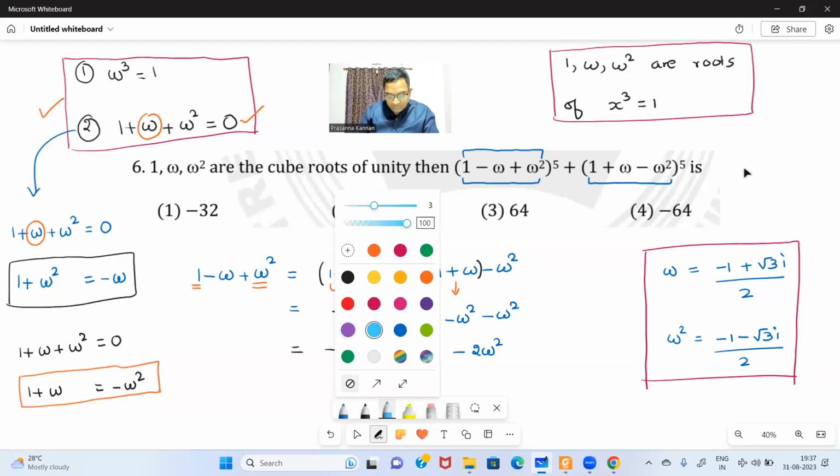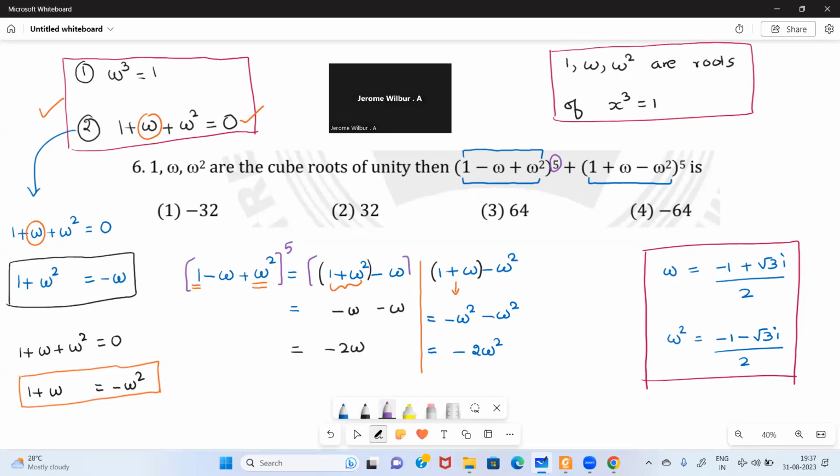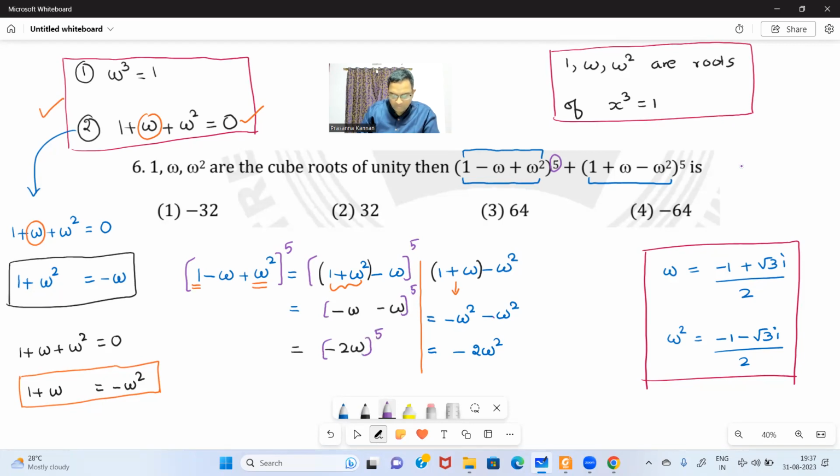It is not actually 1 minus omega plus omega square, but rather the whole thing raised to power 5. Correct, Jerome? Yes, sir. Okay now?